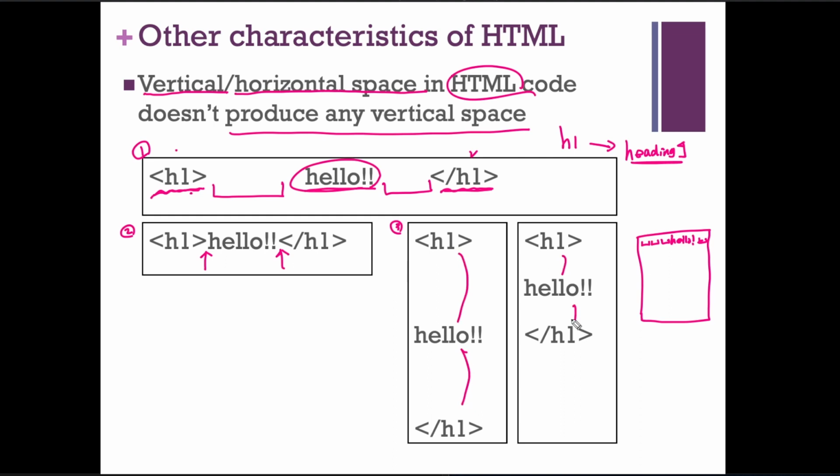What I am telling you about the characteristics of HTML is that vertical space like this here or horizontal space here doesn't count. In other words, it doesn't produce any space at all. I know what you are thinking. You may wonder, what if I need a space?